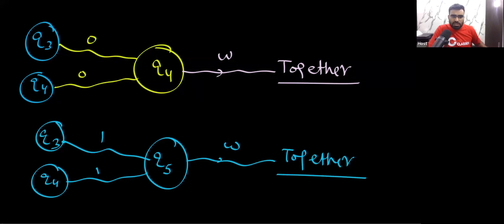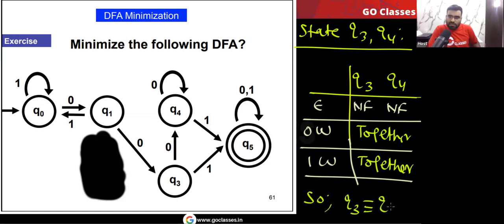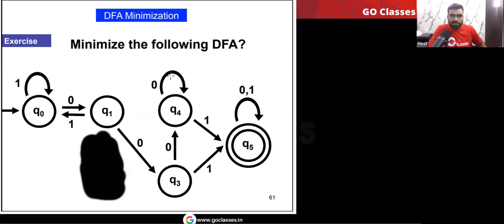Whether your string is starting with 0 or 1, Q3, Q4 remain together: non-final together, final together. So can I say they are equivalent? Yes, Q3, Q4 are equivalent.